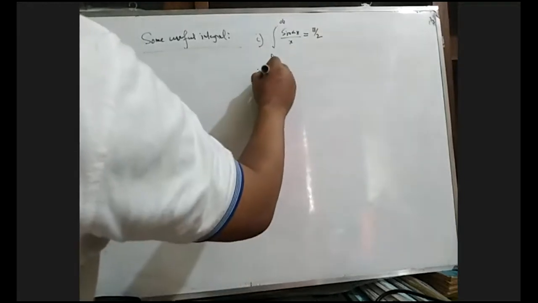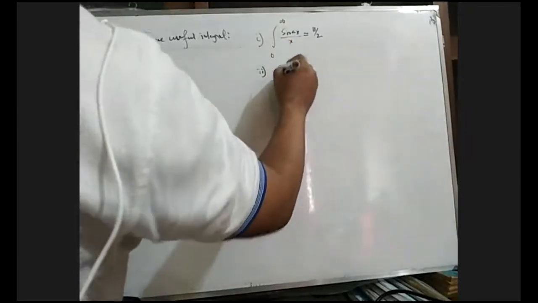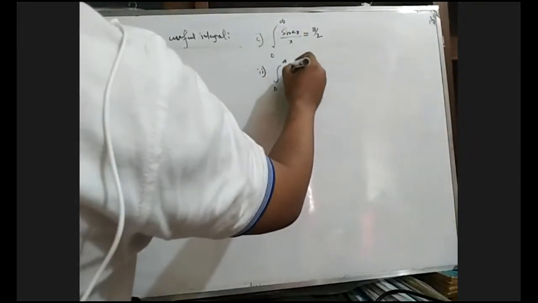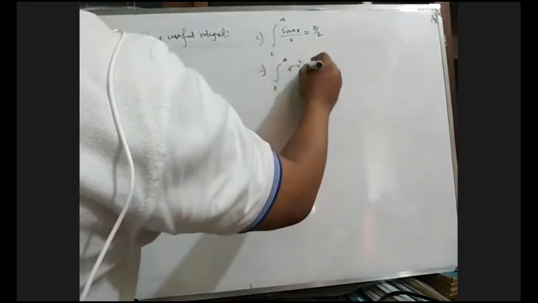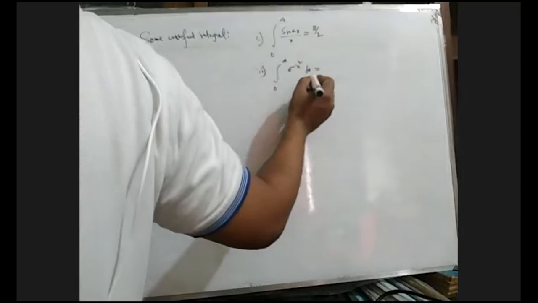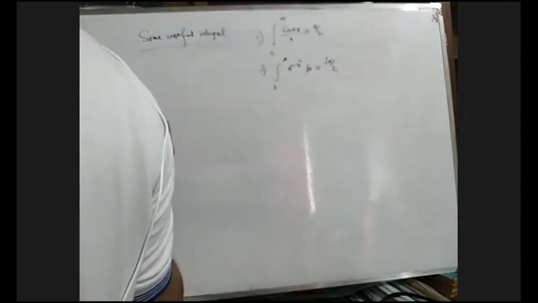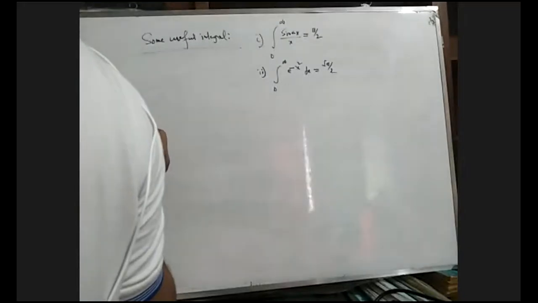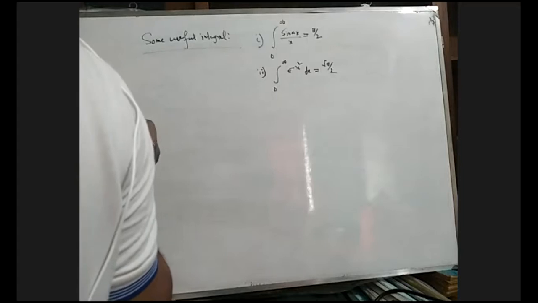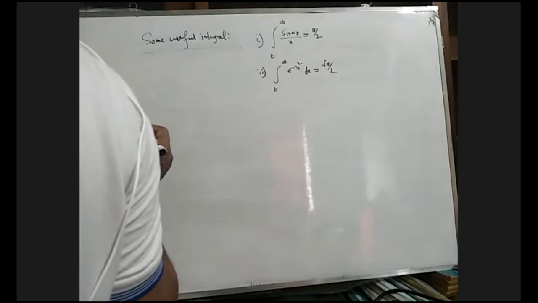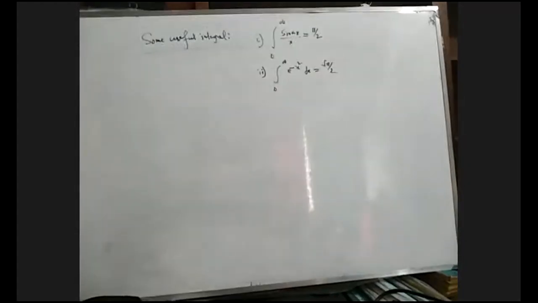And another integral, the improper integral 0 to infinity of e to the power minus x square dx equals root pi by 2. And another one is, this is the most important integration you have to remember.